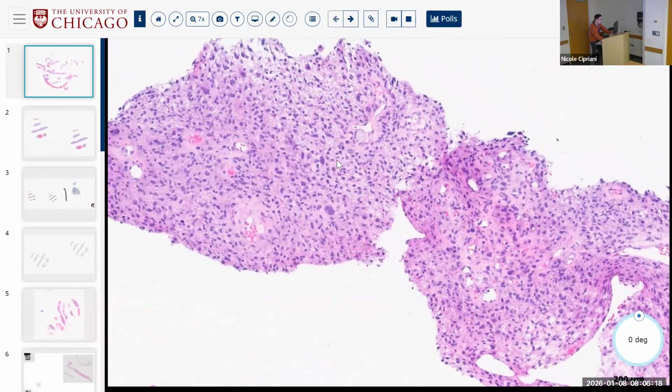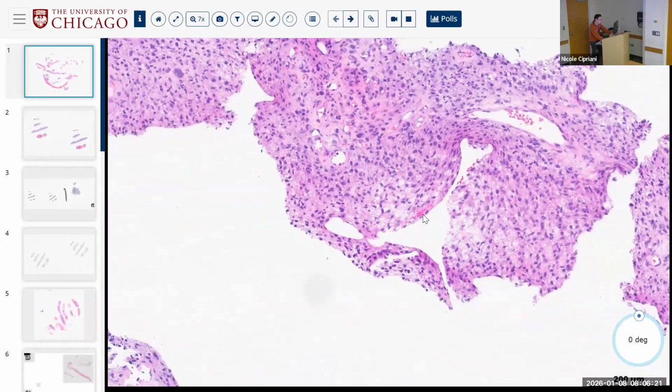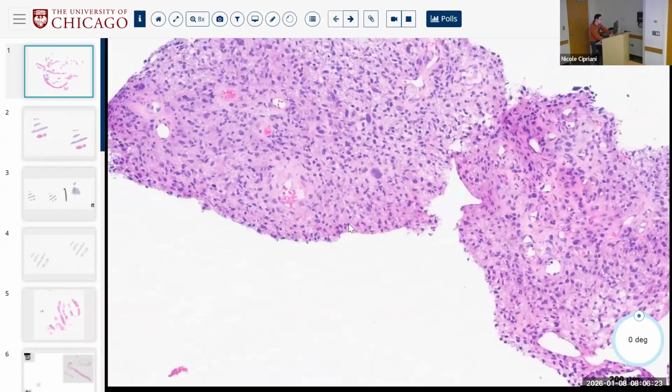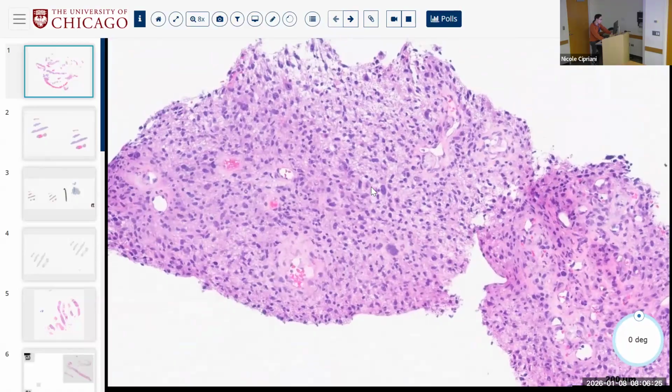You could argue there's some staghorning shapes here. The cells don't look epithelioid, maybe some occasional ones like this here, but they're not really moving in any particular direction in terms of their orientation.